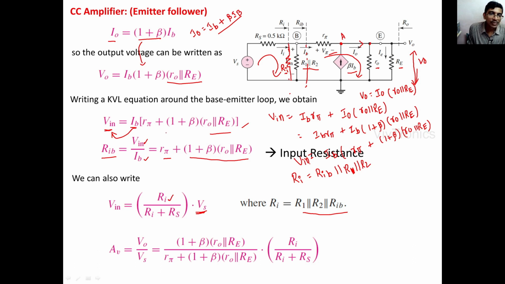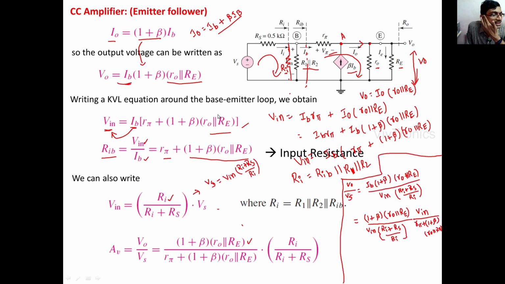Here the output voltage equation which we have derived already is IB into 1 plus beta into R0 parallel RE, divided by the input voltage Vs. So what is Vs here? From this equation, Vs is equal to VI in divided by Ri divided by Ri plus Rs.